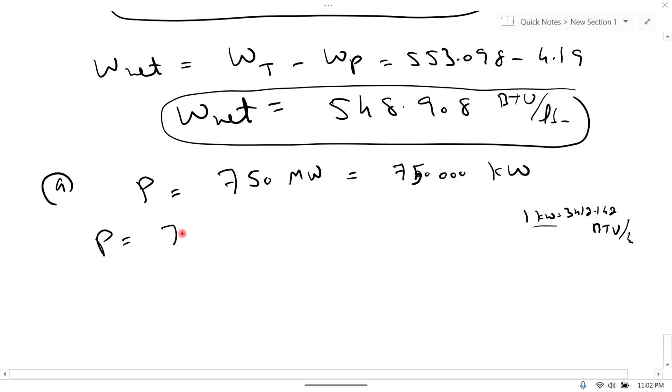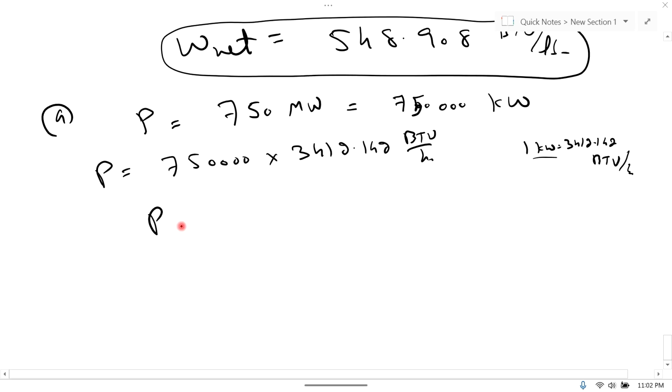So power is equal to 750,000 multiplied by 3412.142 BTU per hour. So power will be equal to 2,559,106,500 BTU per hour.